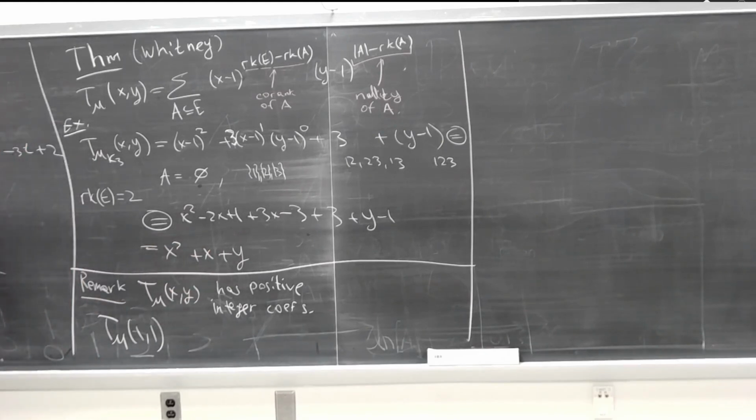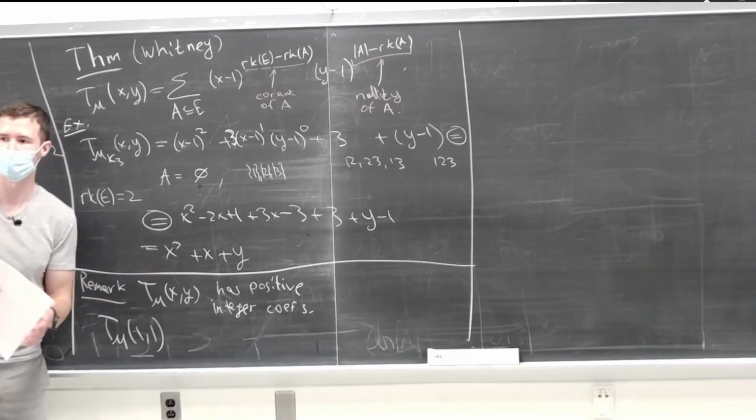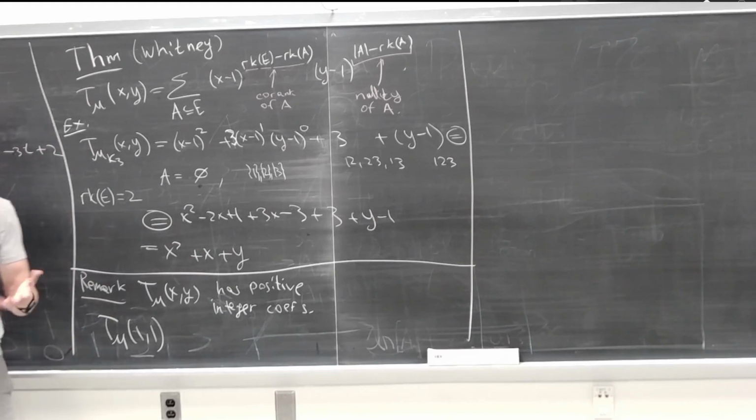What is the total number of monomials, in terms of the actual matroid?